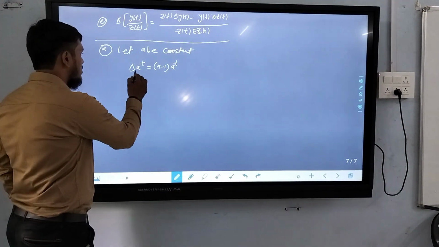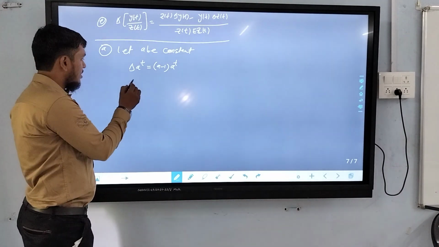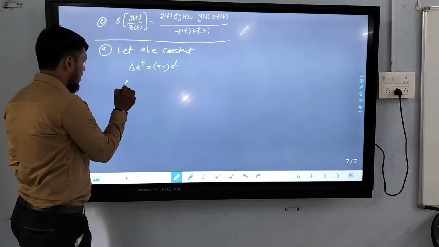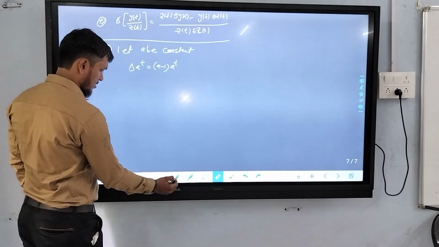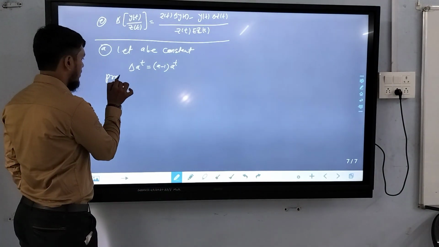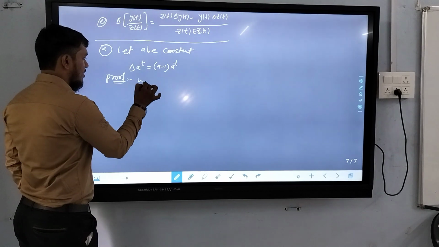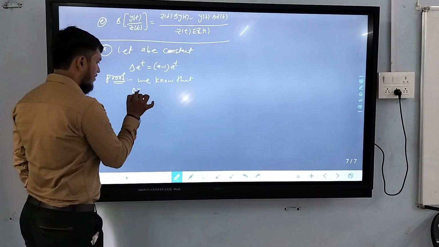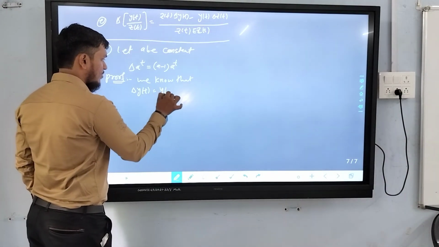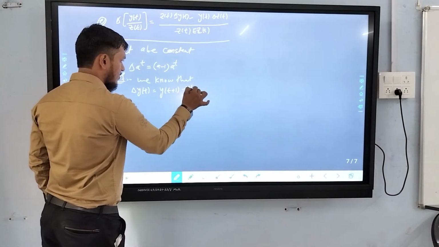So use the definition of difference operator. Proof: we know that delta y of t is equal to y of t plus 1 minus y of t.